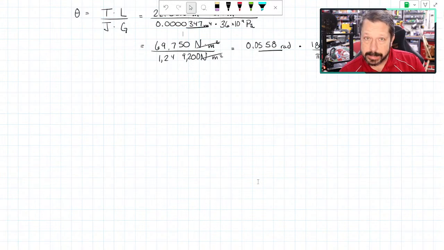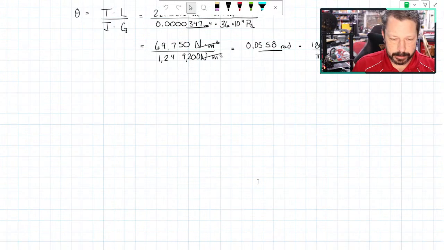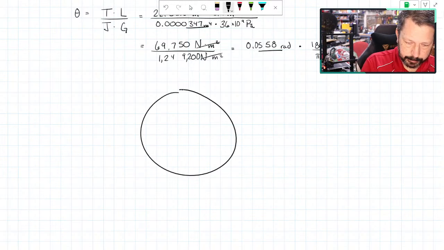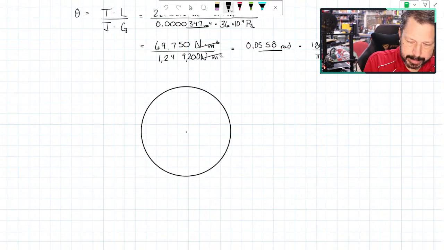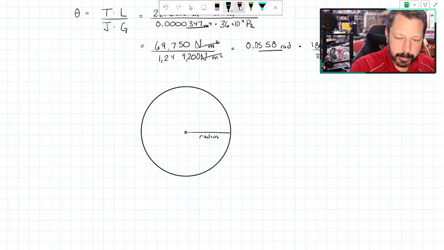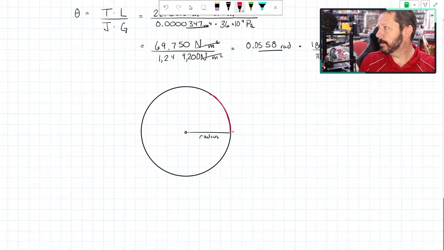But radians actually mean something. They're a more fundamental thing. So here's what a radian is. If we have a circle, and it has a radius, if I were to take that radius and map it to the arc length, so like this, that red line, can you see? Yeah, you can see that.